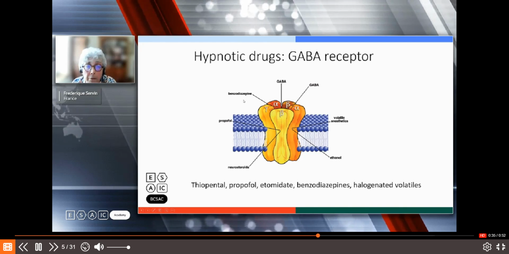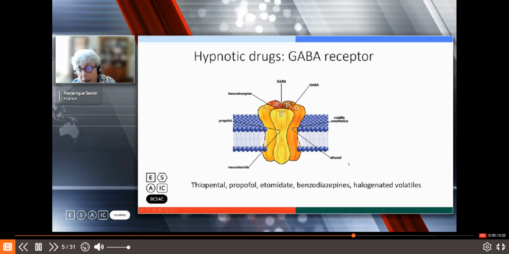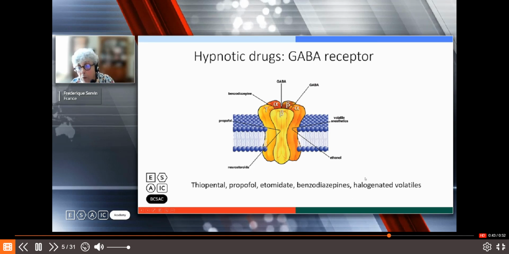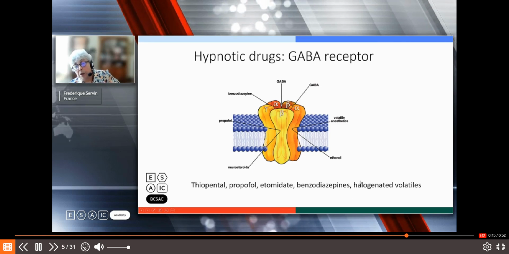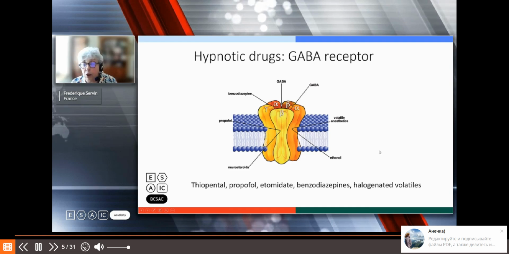It will link benzodiazepines, propofol, neurosteroids, ethanol, volatile anesthetics, etc. And when two drugs interact with different subunits, usually their association is synergistic.